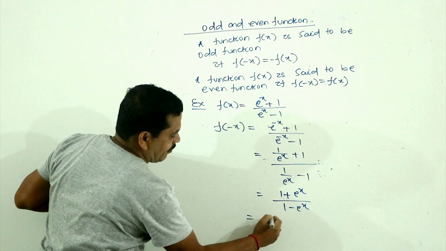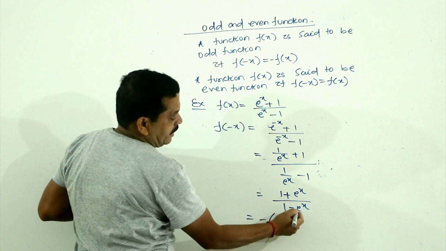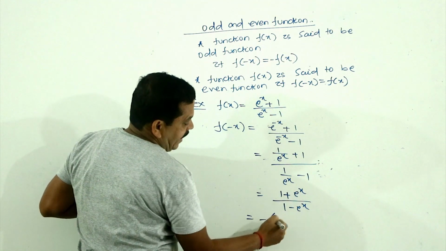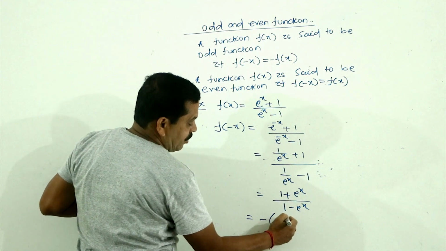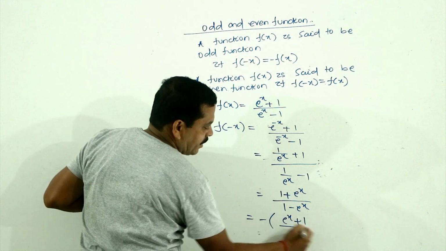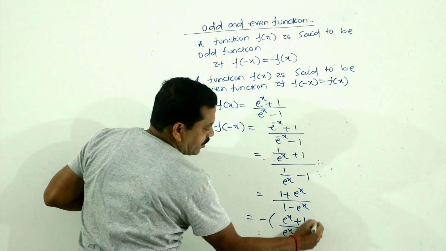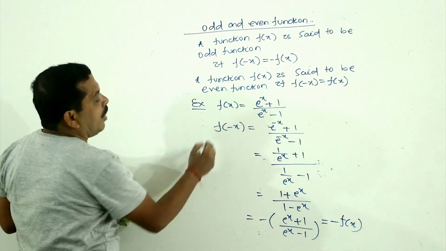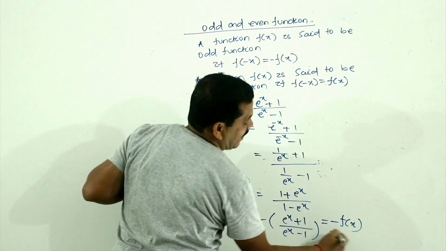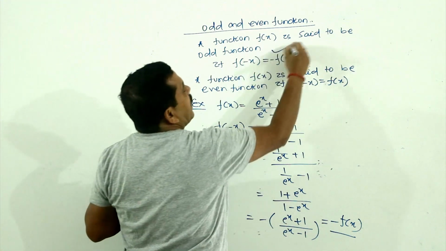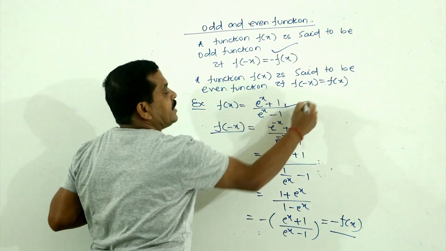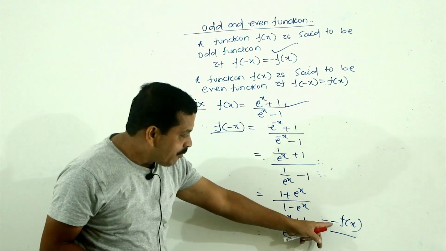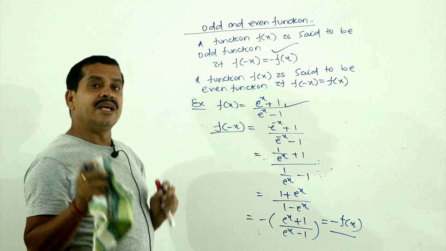If we take minus common from the denominator, it will be e to the power x plus 1 by e to the power x minus 1, which is minus f of x. So f of minus x is minus f of x. So this is an odd function. If we get plus f of x then it is called an even function.